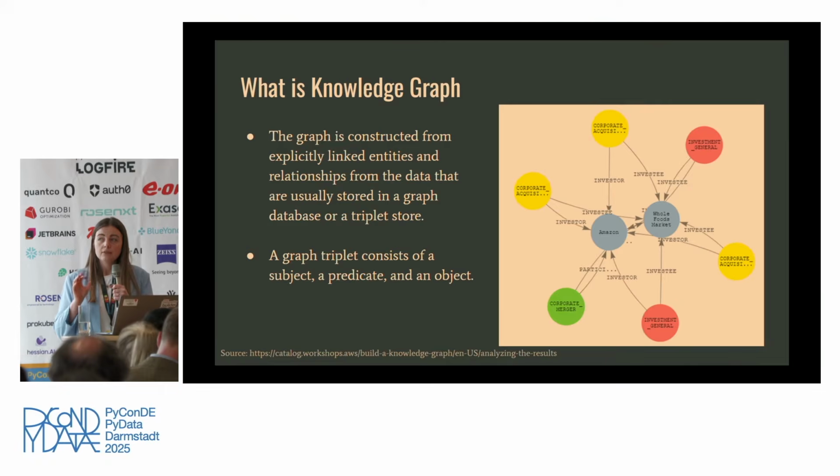The basic element of your graph is a graph triplet. It consists of subject, predicate, and object. So it's like a sentence. Like PyCon can be the subject, "located in" can be the predicate, and the object Darmstadt. It's simply as that.